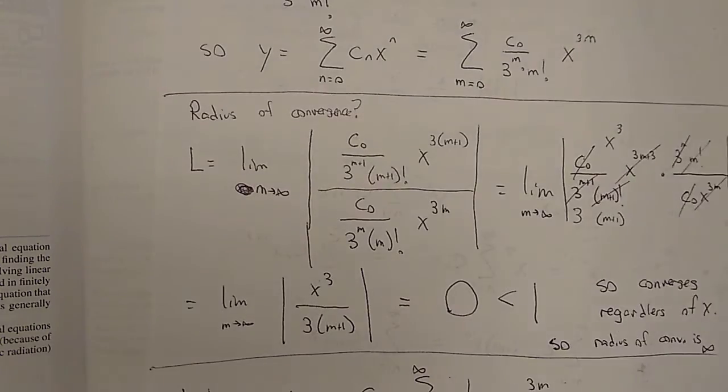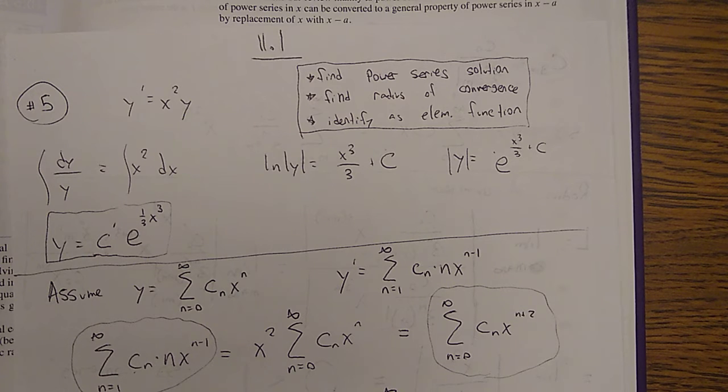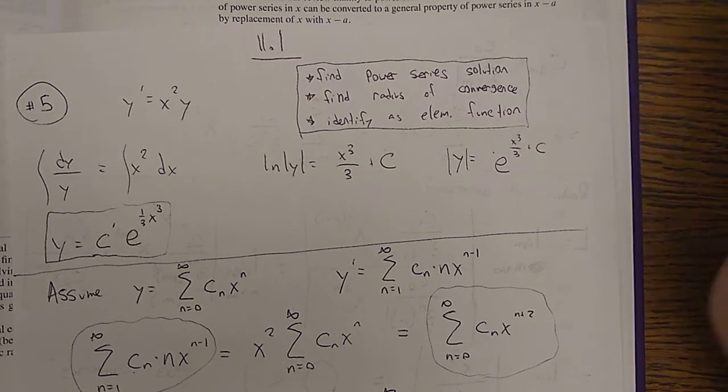Anyway, so let me make a moral of the story here. Obviously, this problem is a long problem. I'm unlikely to ask you to do a whole thing like this from beginning to end with all 3 of these sub-questions on the final.